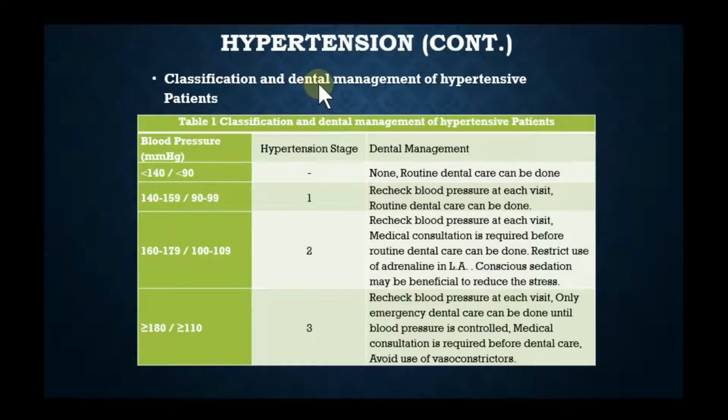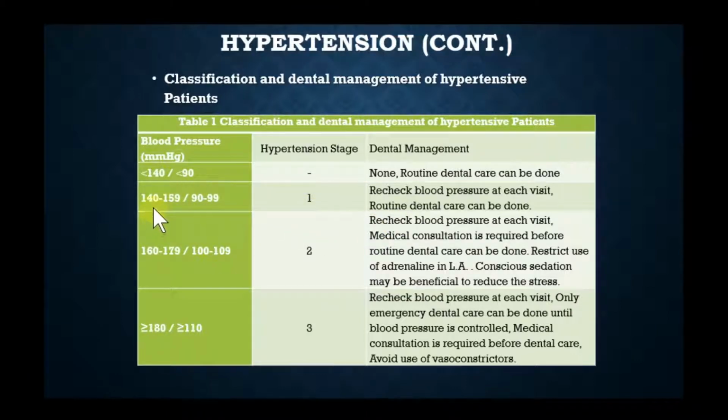Hypertension can be classified into stage 1, stage 2, and stage 3. So hypertensive patients might fall in one of these categories. The dental management for each category differs from one patient to another.